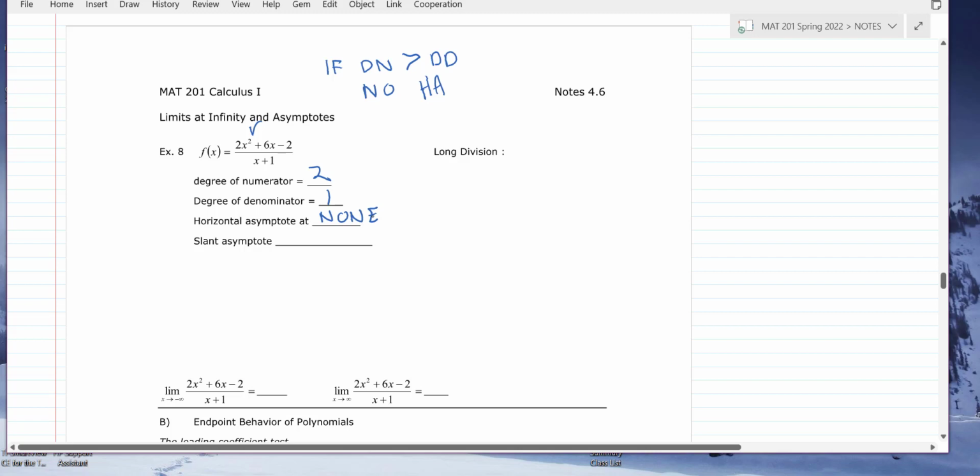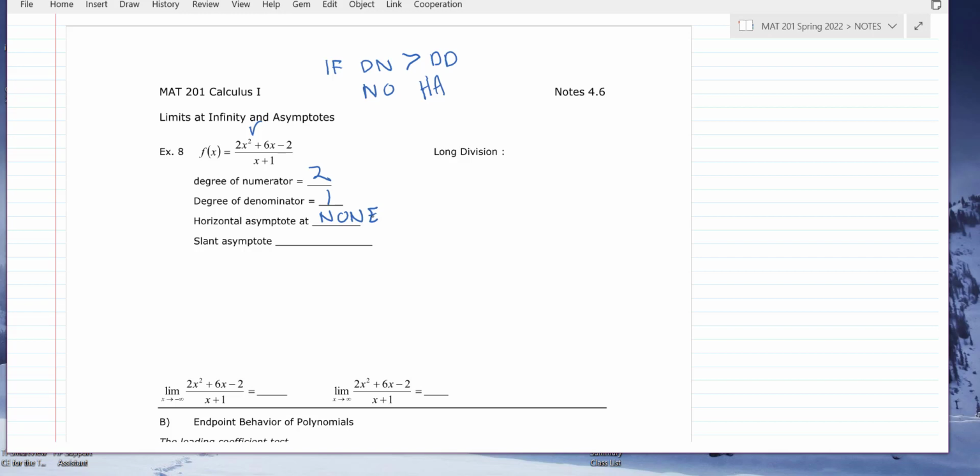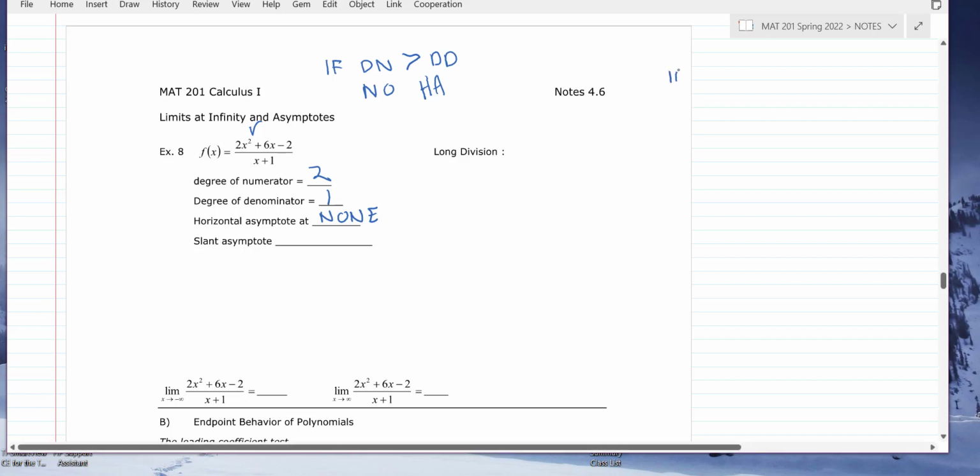So let me show you how we're going to figure this one out without any graphing. We'll verify it with a graphing calculator. So you have to know how to do long division to figure out what we call an oblique asymptote. So basically, if the degree of the numerator is greater than the degree of the denominator by 1, and this is bigger by 1. 2 is bigger than 1 by 1.